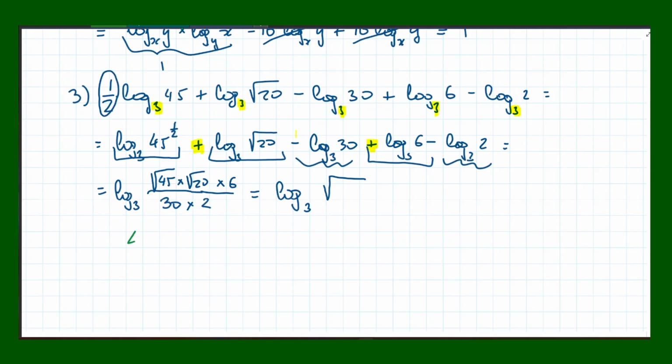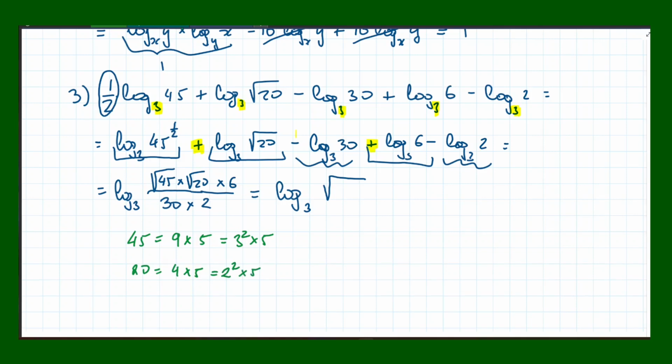But quite frankly, I don't want to calculate 45 times 20. I remember that 45 is 9 times 5. What's furthermore is that 9 is 3 squared. And then I also remembered that 20 is 4 times 5. What's furthermore is that 4 is 2 squared.